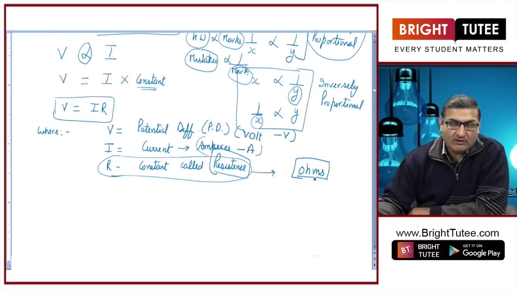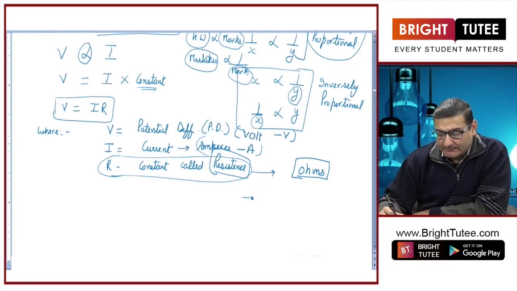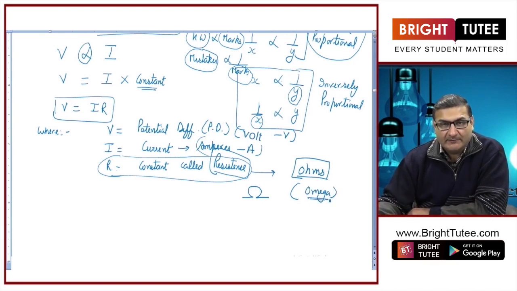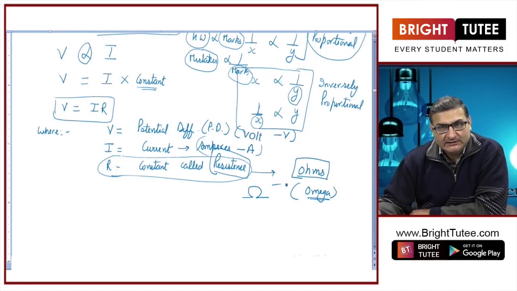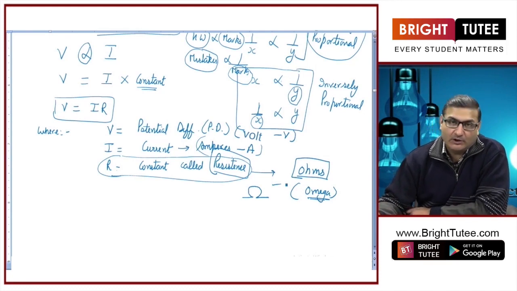Who gave this law? Ohm. And this ohm is represented by this symbol, and this symbol actually in itself means omega. So R is the resistance, and this resistance has an SI unit of ohms represented by this symbol omega. Got it? So this is Ohm's law.